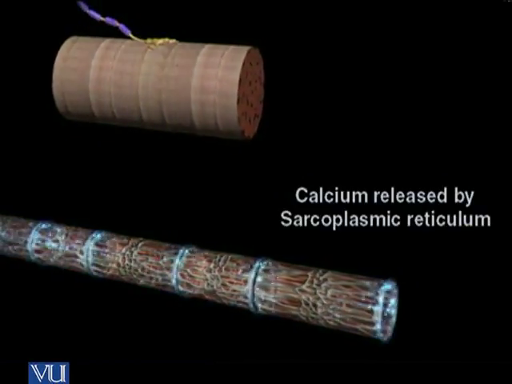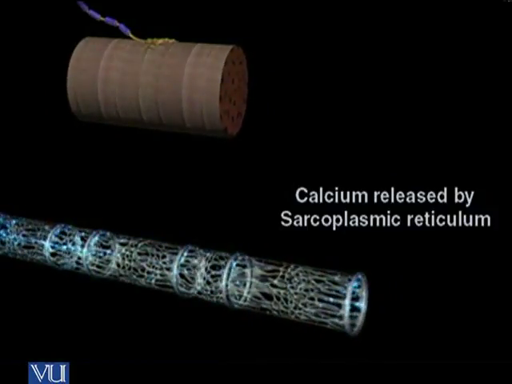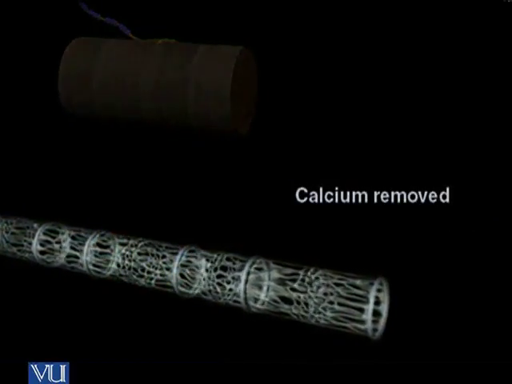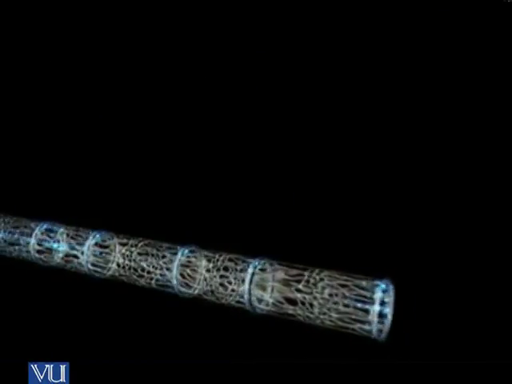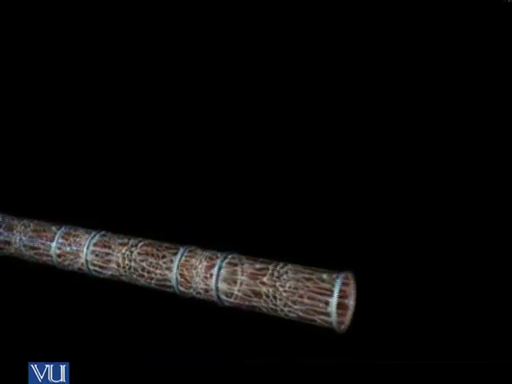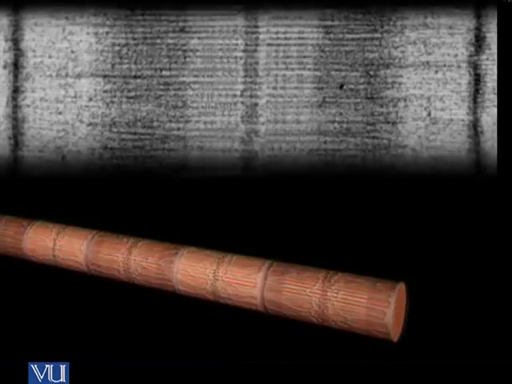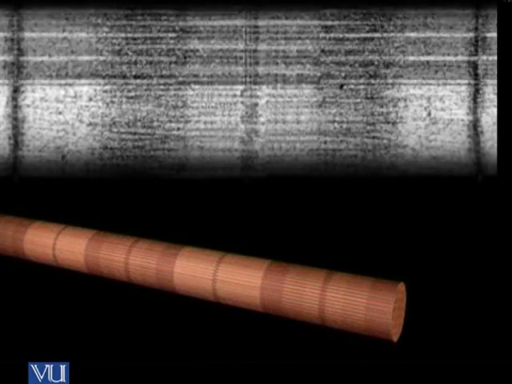They are preventing actin filaments from binding the myosin. So when calcium is released, the muscle is contracting, and when calcium is removed, the muscle relaxes. Contract and relax. So as the calcium is released, the muscle contracts, and when calcium is absorbed, it relaxes.